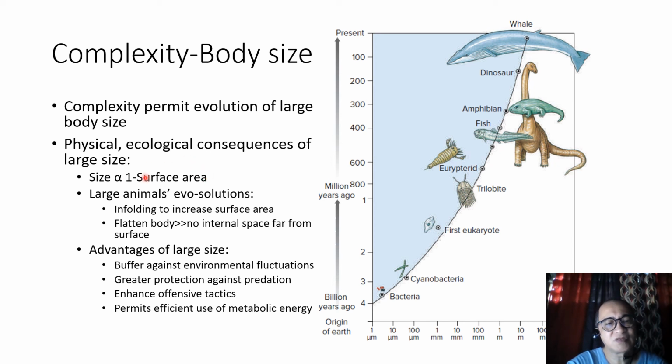So the larger the size, the smaller the surface area is. Smaller animals therefore have a larger surface area relative to the volume of their body than large animals, which have relatively large volume or mass of their body relative to the smaller surface areas they have.